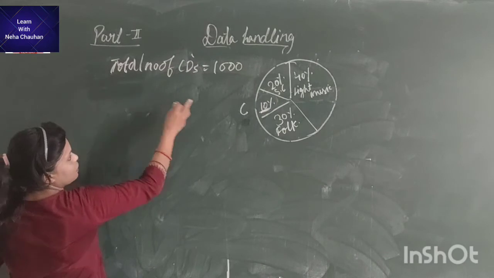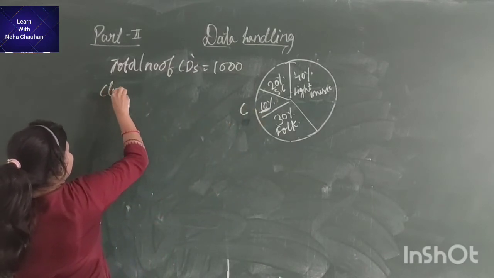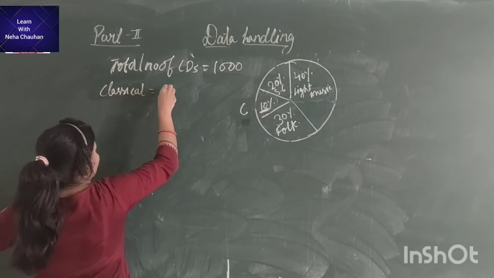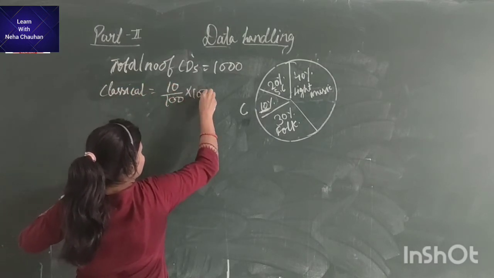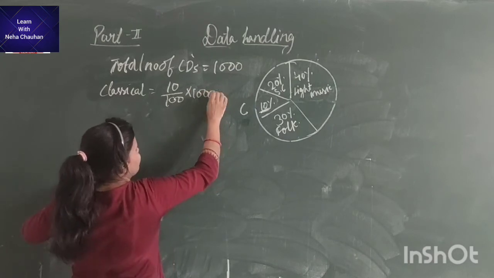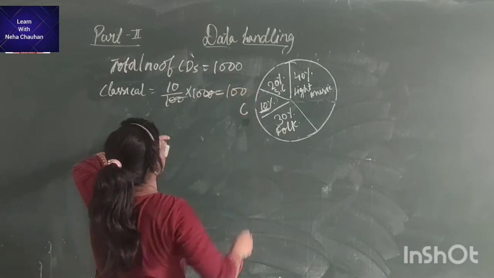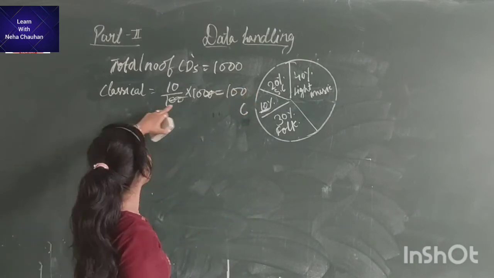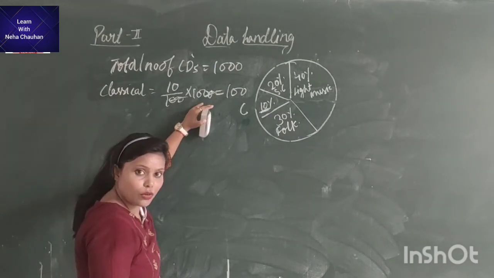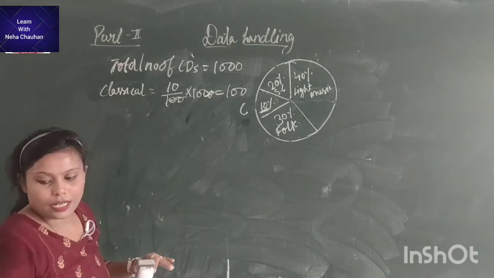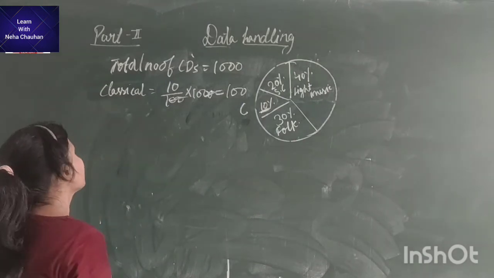Let's start with the minimum, that is classical. On solving we will get 100. So 100 CDs will be of classical music out of 1000.